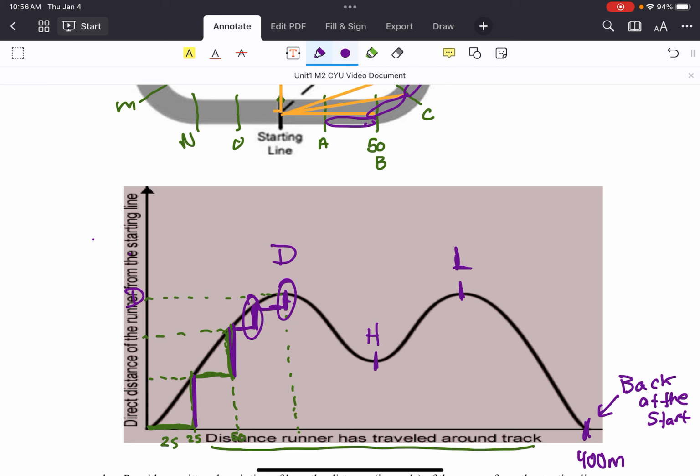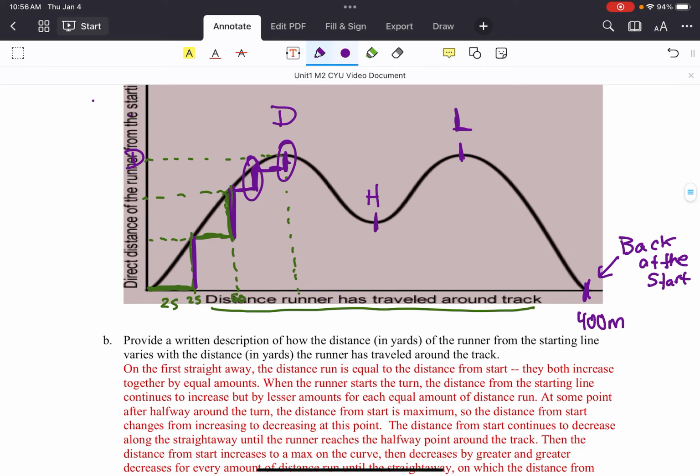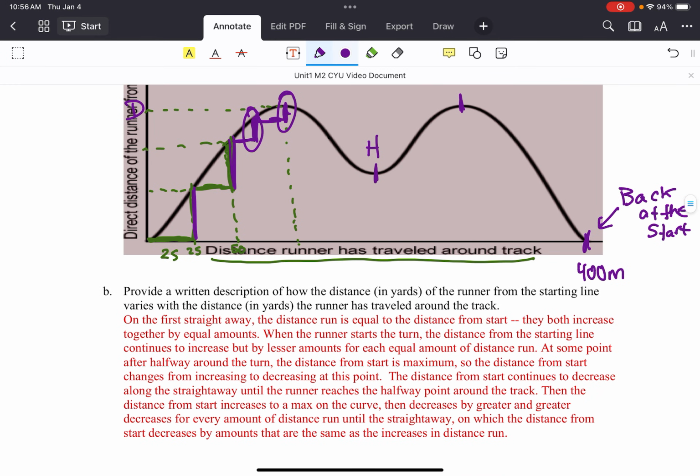Notice that there are no real numbers put on either of the axes, and that's because it's a sketch. You don't need exact distances with this. This is just to get you thinking about those changes. And so as we're talking about those distances increasing by more and more, or decreasing by less and less, those sorts of relationships.